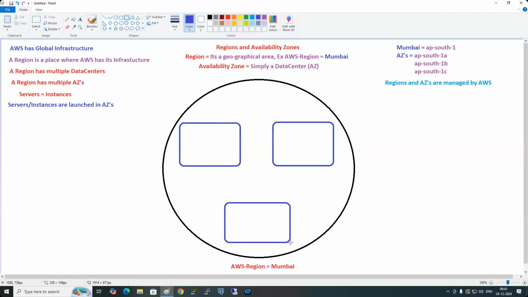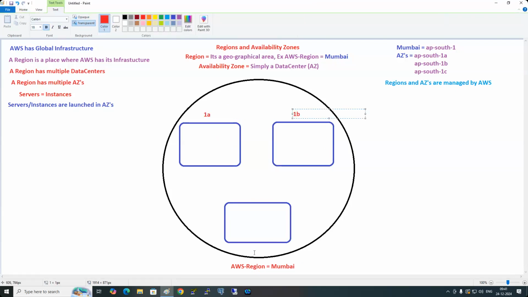Okay, 3 availability zones. What is the name of this availability zone? 1a. This one? 1b. This one? 1c.